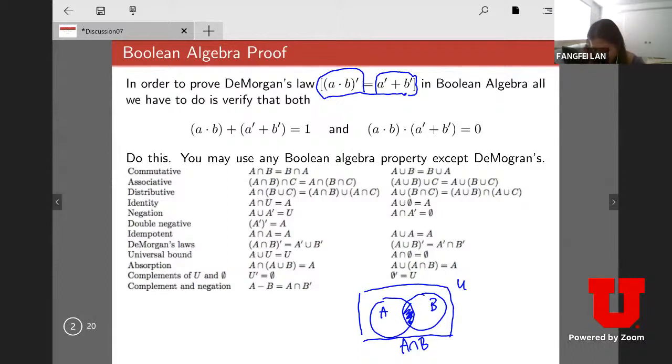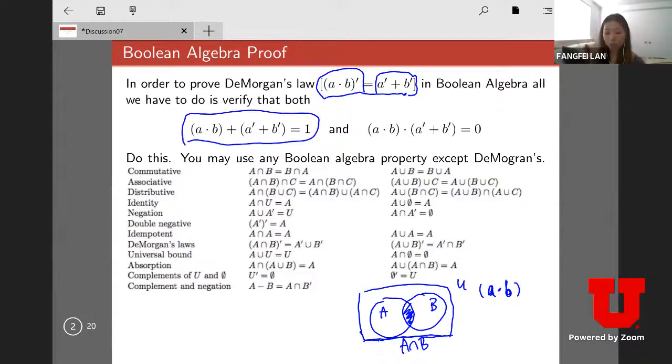So that gives us this thing, which is the shaded part, added to the white part, which should give us the entire set U. Does that make sense? That's why we have this one right here.